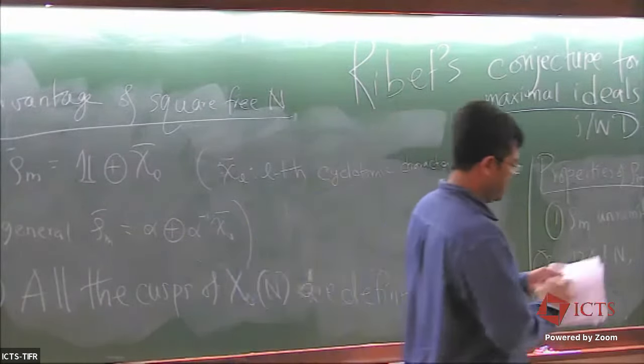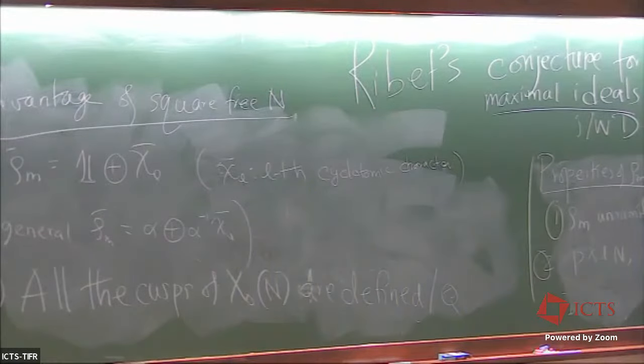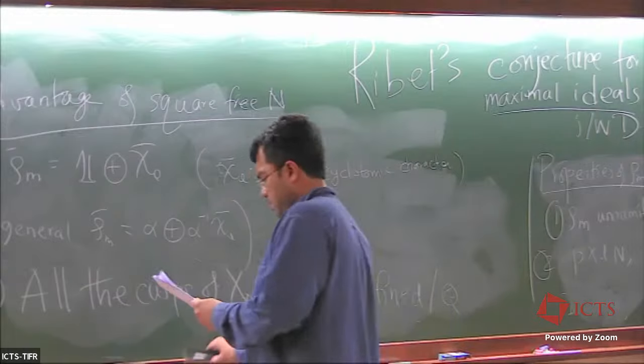So the model is defined over Q, but we need to ensure that all the cusps are also defined over Q. I will tell you what is the meaning of this.